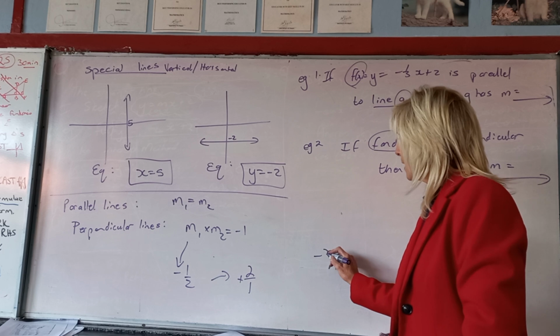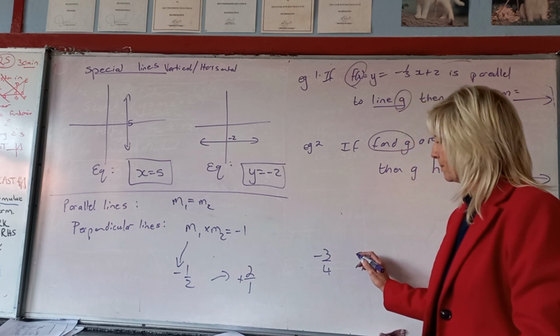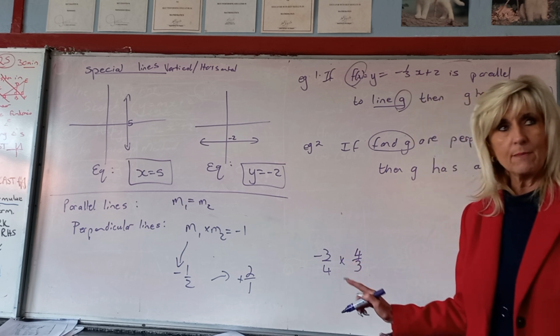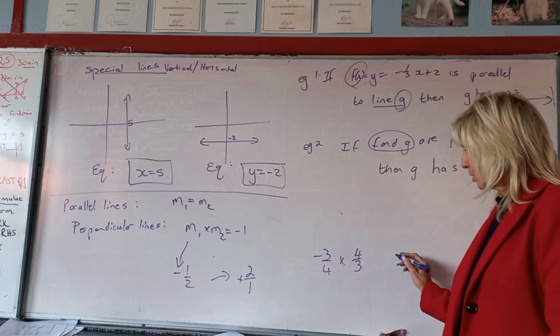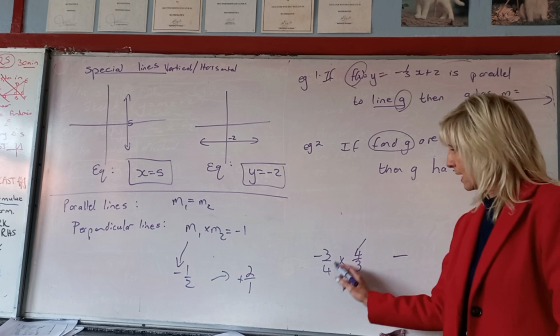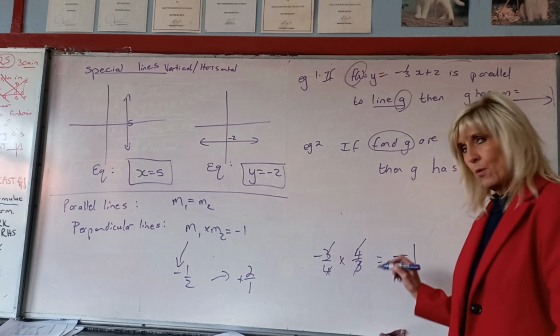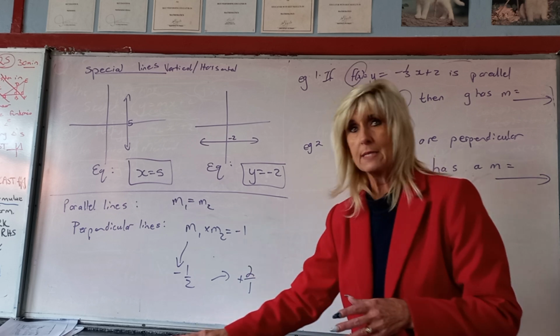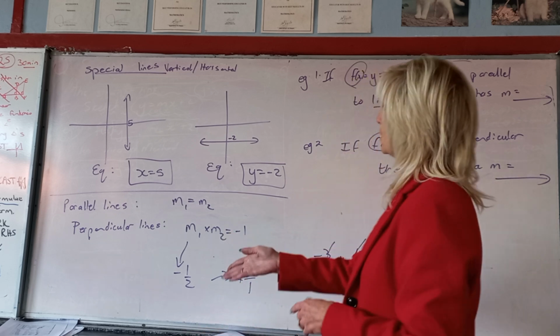So if the one was minus 3 over 4, what must the other one be? Plus 4 over 3. And when you multiply them, you always have 1 as a minus, 1 as a plus, so you're going to have a minus. And they will cancel out and give you minus 1.